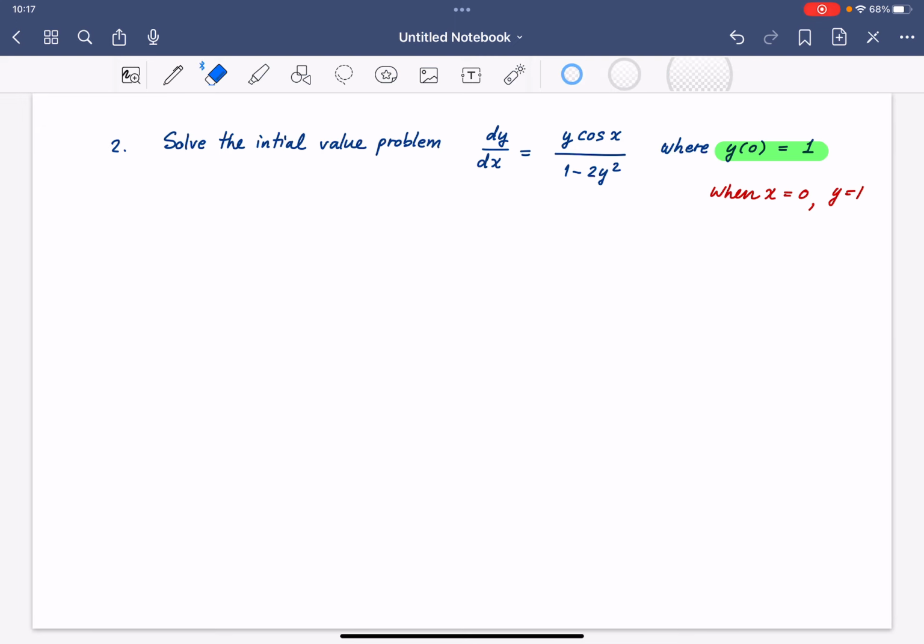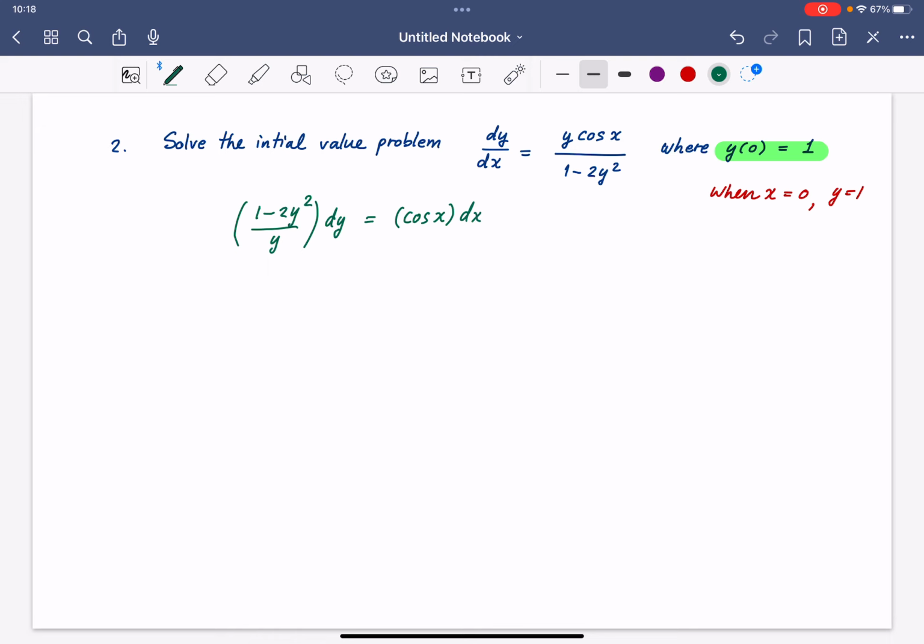You solve it first, and then you plug in x equal to 0, y equal to 1, and you're going to get the solution. So first you move 1 minus 2y squared to the left, over y, and then dy. And then you move x to the right hand side, you get cosine x dx.